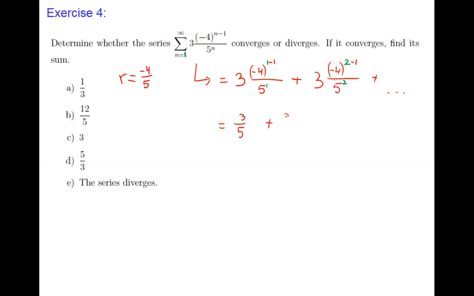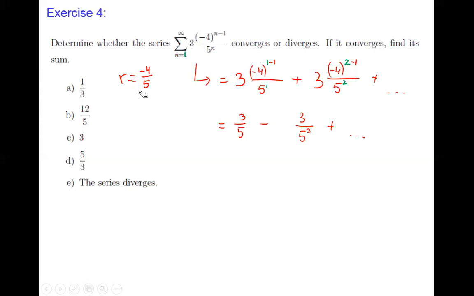I can keep 3 and negative 4, over 5 to the power of 2. Another one we will not compute. Having the first term and the second term, you can divide the second one by the first one and you will get the common ratio.